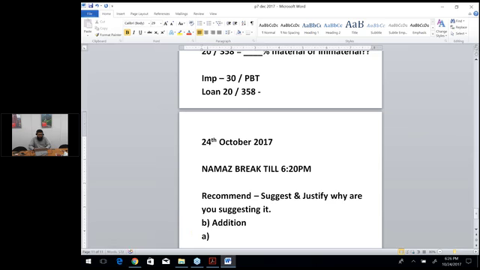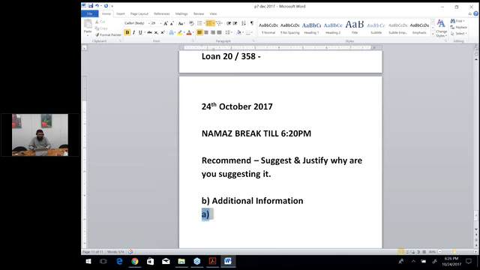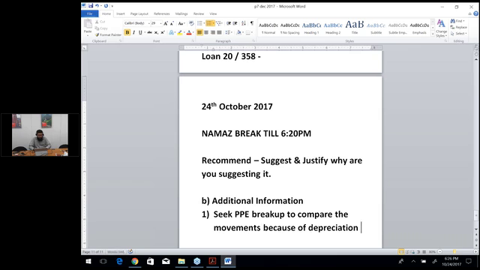Part B, additional information. So what are we going to suggest to the examiner? We are going to suggest that you should seek the property, plant, equipment breakup to compare their movements because of depreciation during the year.